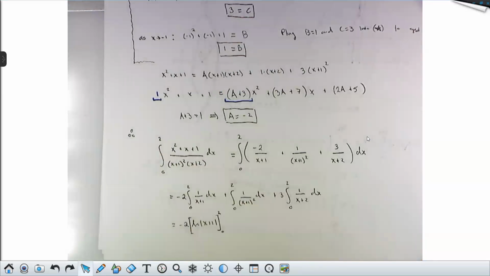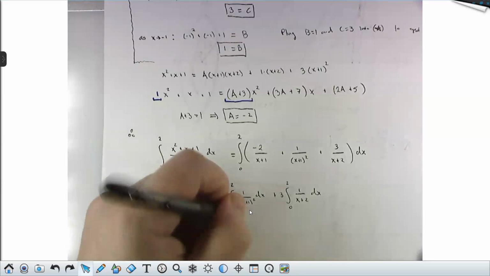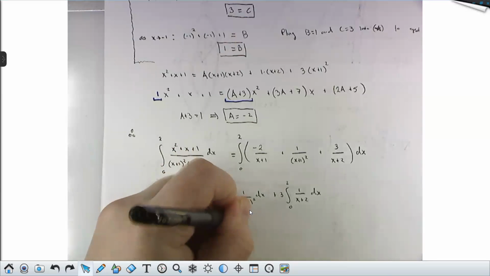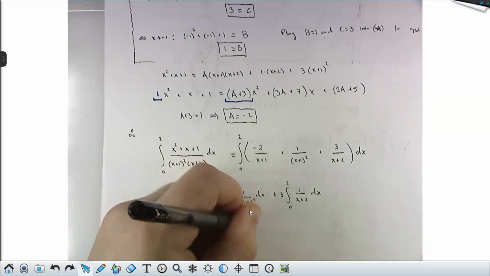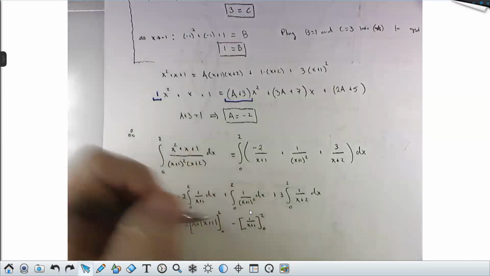Plus, this middle guy, if you sub v equals x plus 1 here, dv would again be dx, so the differential doesn't change anything. It's another one of those micro u subs. And you'd have integral 1 over v squared, which is negative 1 over v. So this piece is going to be minus 1 over x plus 1, evaluated from 0 to 2.